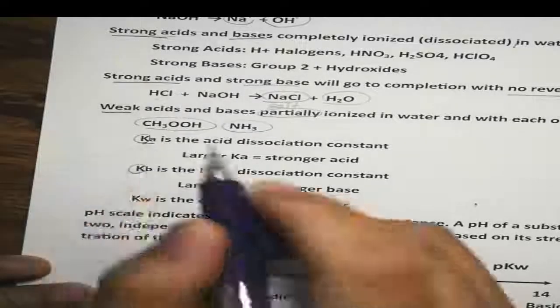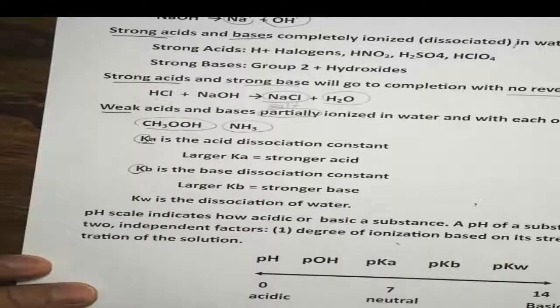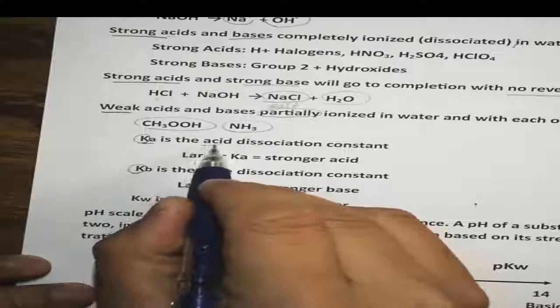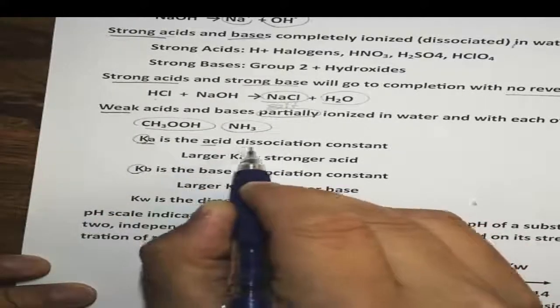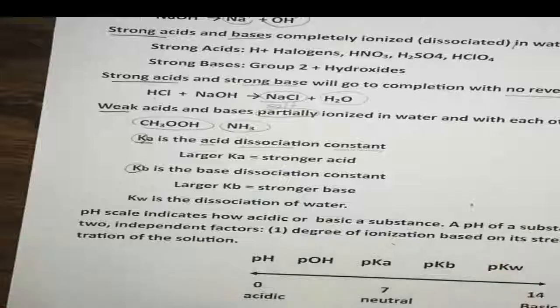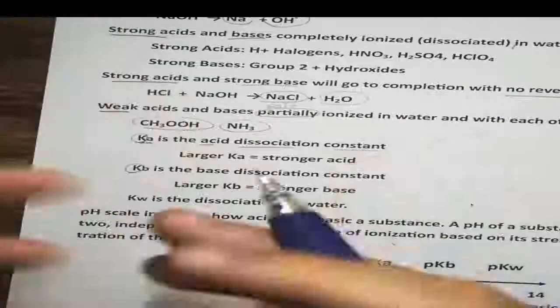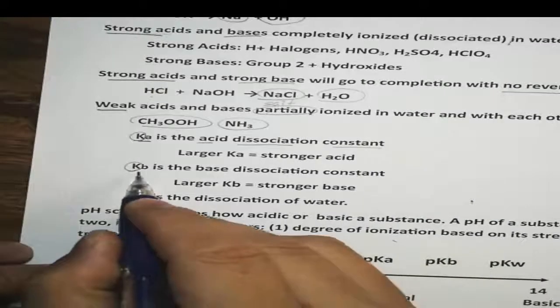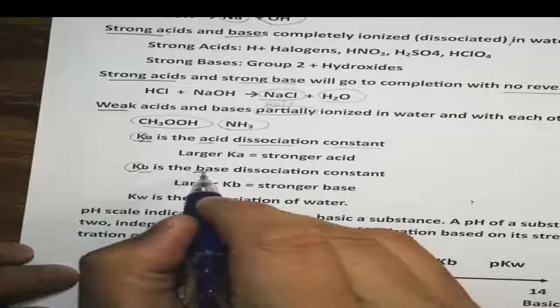We can also express it in terms of acid and base. Ka is talking about the equilibrium constant of the acid. Notice how we have A, the acid dissociation constant. That means how much of the acid will be dissociated, that means break into ions. And then we have the Kb. What do you think B represents? Of course, the base.